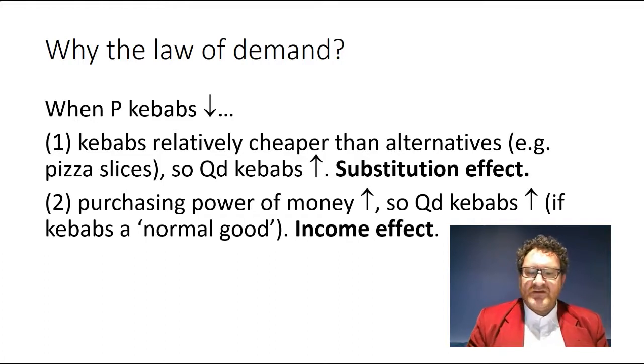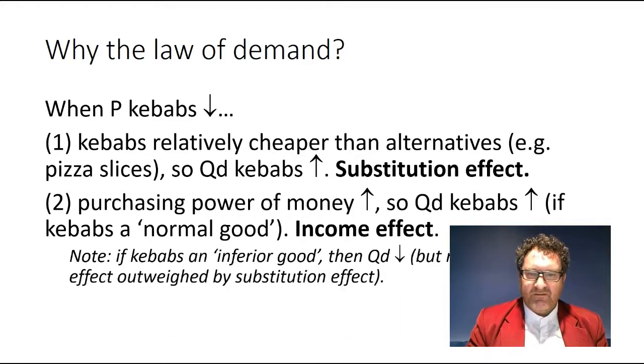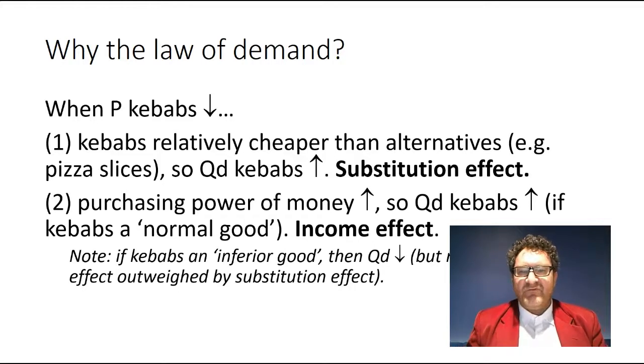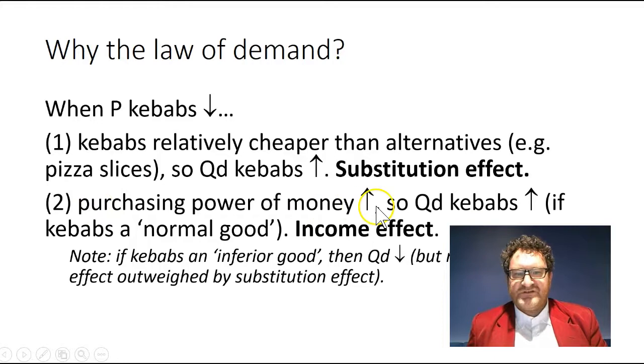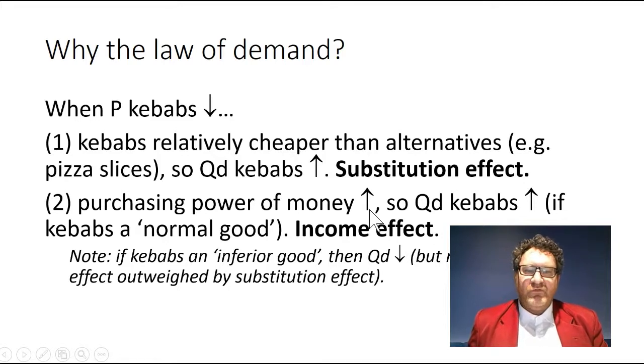So a little complication to that story is that if kebabs were not a normal good, but rather were an inferior good, kind of a crappy product, then the income effect will actually work in the opposite direction. That is, as the price of kebabs falls, the purchasing power of people's money rises, and so they will switch away from the inferior good.